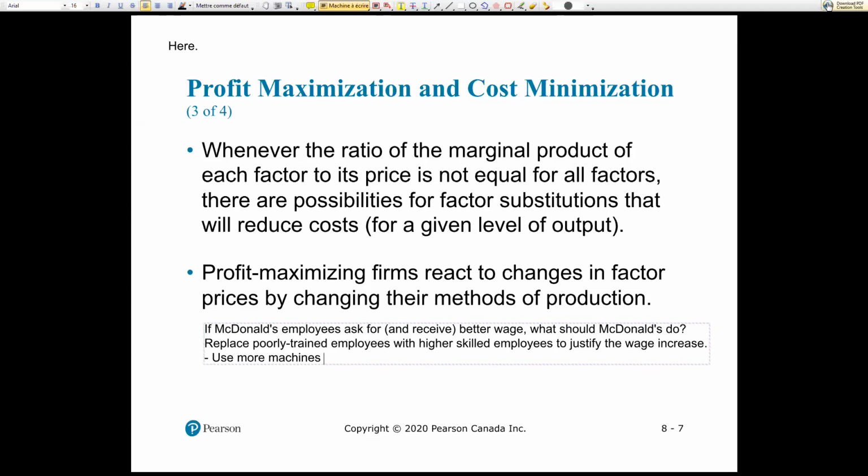But is this in the short term or in the long term? That would be in the long term. Yes.